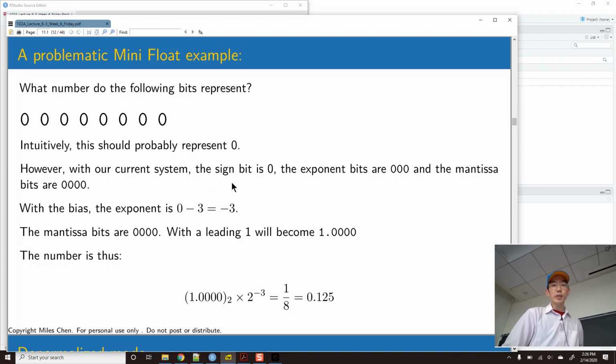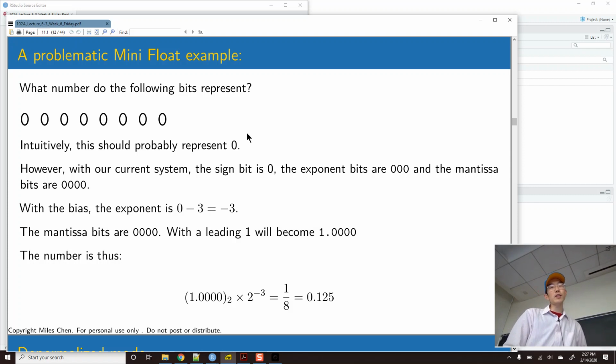So here, the exponent bits are 0, 0, 0. With the bias, the exponent would be -3. The mantissa bits are 0, 0, 0, 0. And with the leading 1, that becomes 1.000, right? So that becomes 1 times 2 to the -3, or 1/8, 0.125.